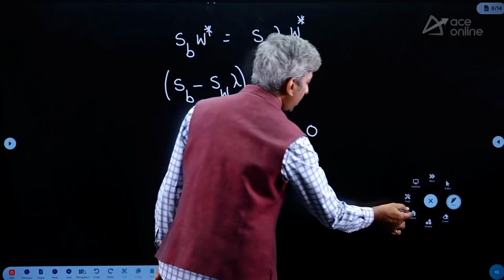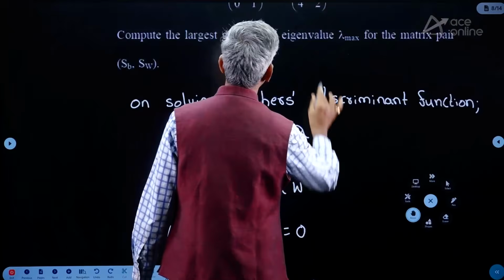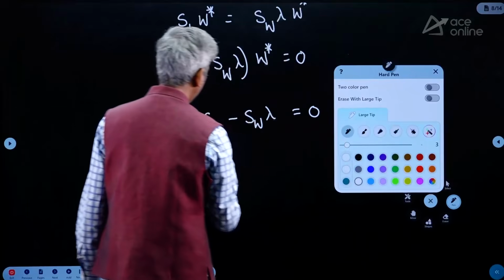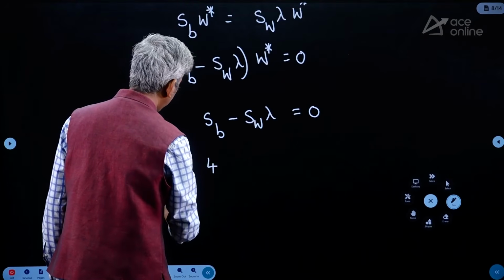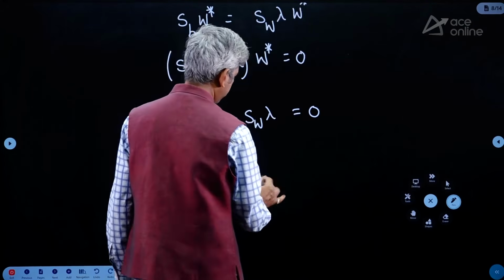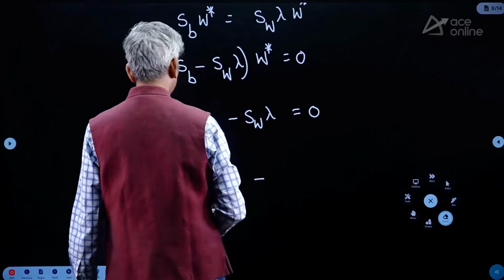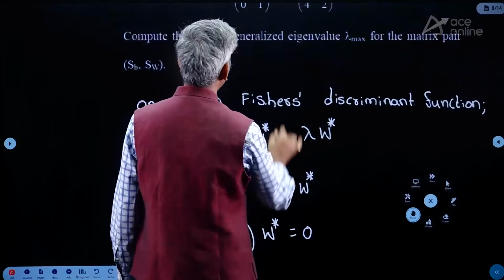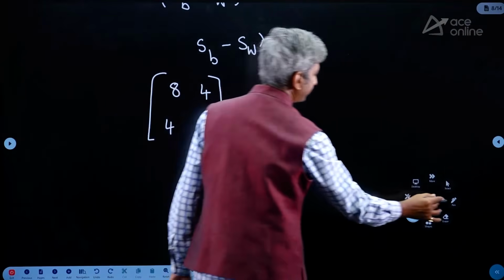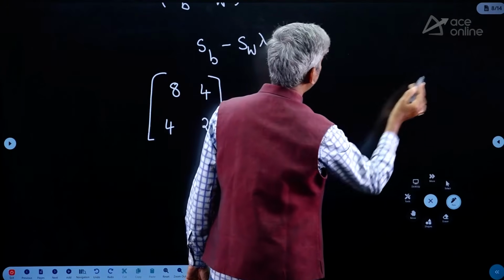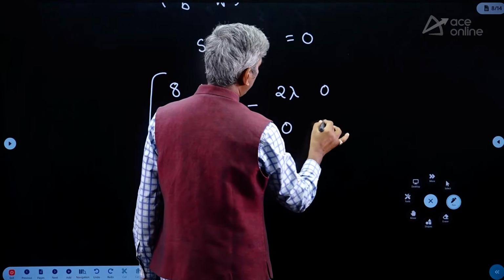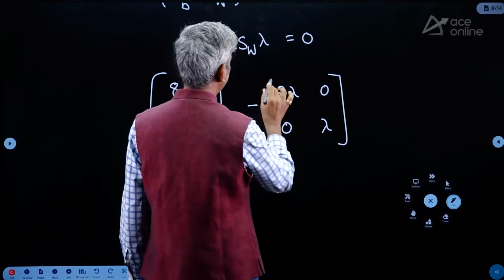So let us obtain that. SB and SW values are there with you. SB is [[8, 4], [4, 2]] minus SW, which is [[2, 0], [0, 1]], to be multiplied with lambda, so 2 lambda, 0, 0 and lambda, right?